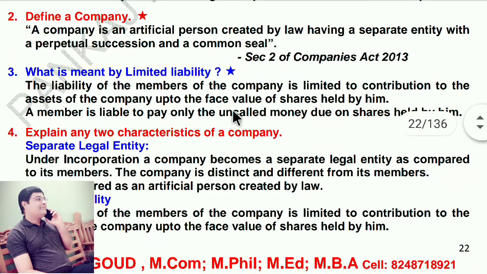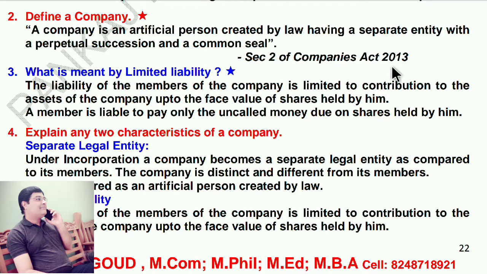Now, define company. A company is an artificial person created by law, having a separate entity with perpetual succession and a common seal under Section 2 of the Companies Act 2013.